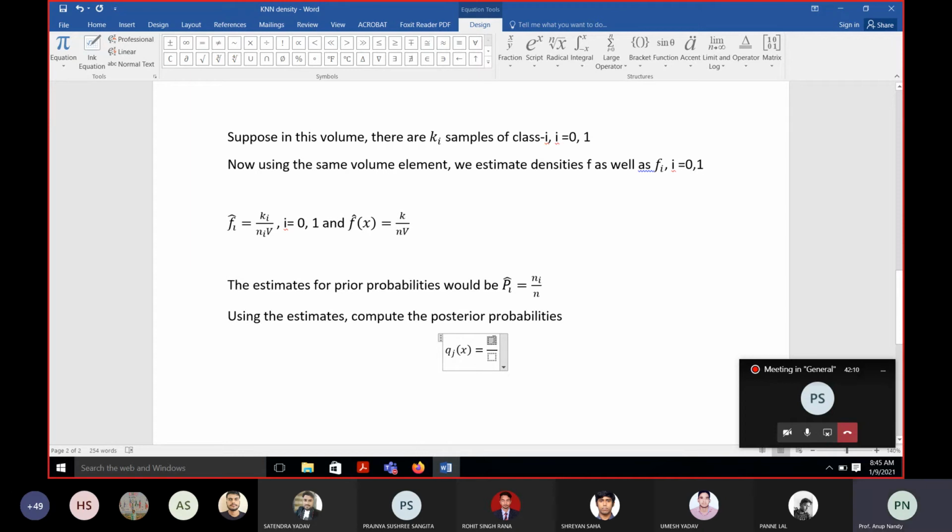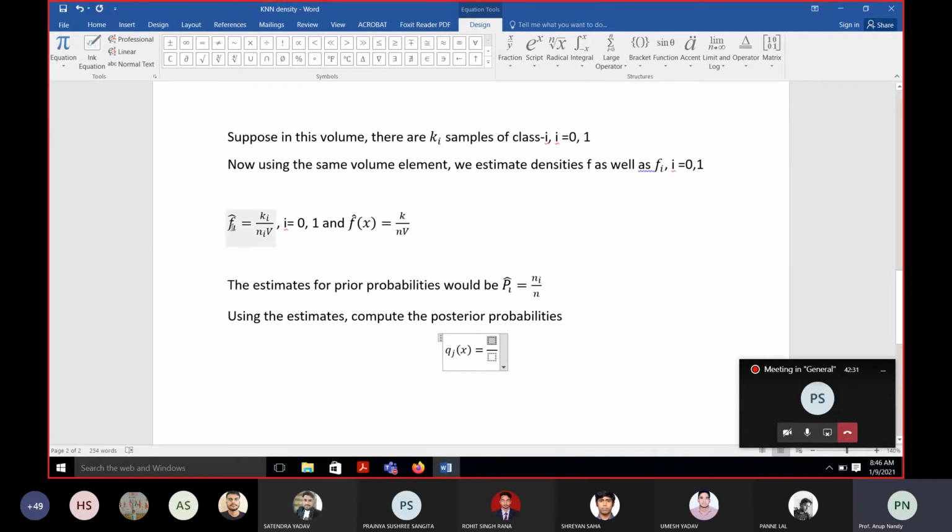So what is the formula for the posterior probability? Likelihood function into prior probability divided by the total probability, the evidence.